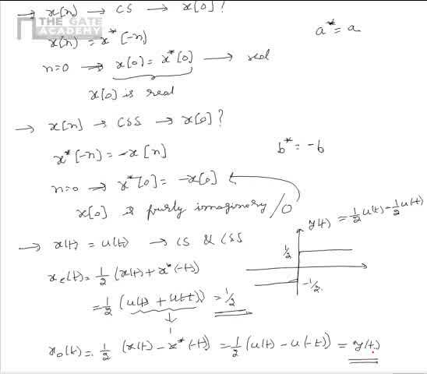This is for the signal x of t. Now consider a signal x of n is equal to 2 plus 3j whole power mod n. We have to find if the signal is conjugate symmetric. We know that if the signal is conjugate symmetric, x of n should be equal to x star of minus n.